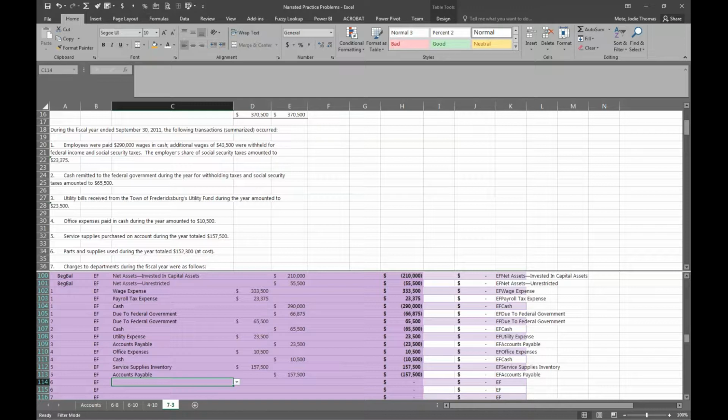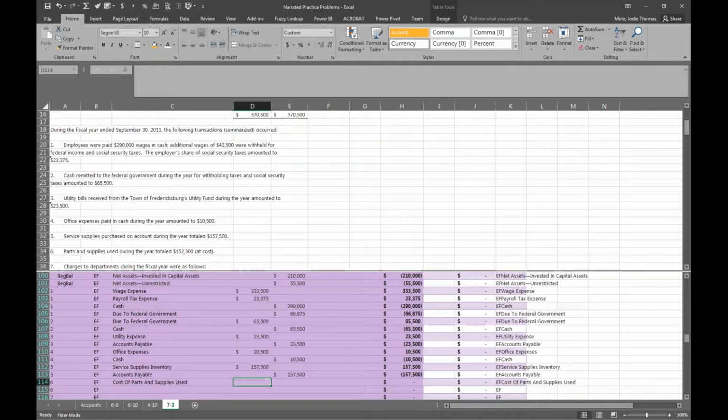All right, number 6, parts and supplies used during the year totaled 152,300 at cost. So this should trigger us to know that we're talking about kind of cost of goods sold here. So the account here that's going to be used is called cost of parts and supplies used.